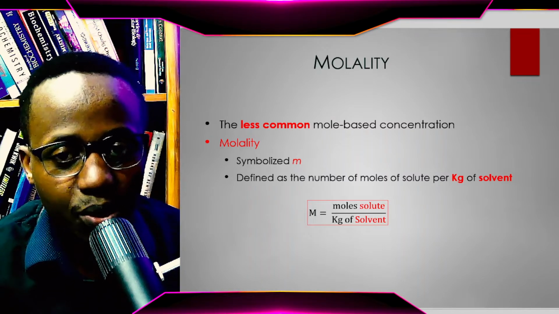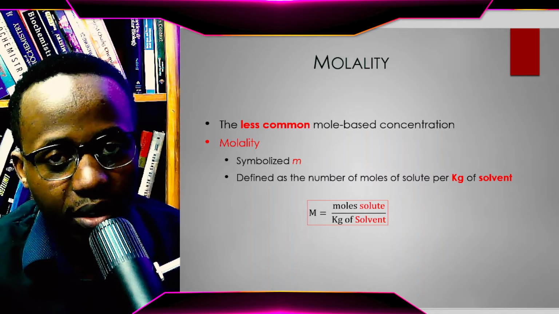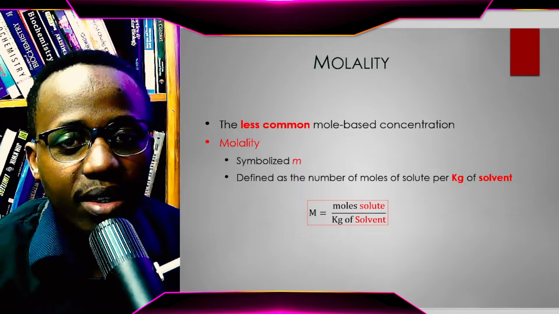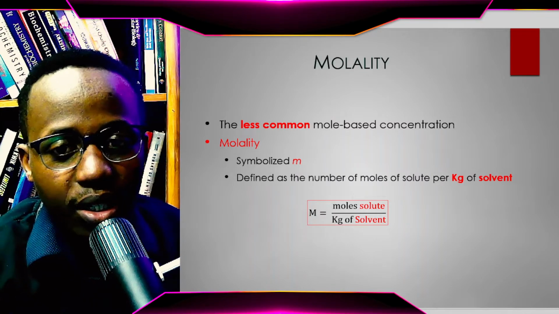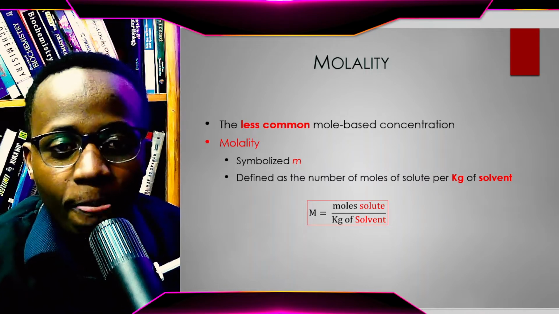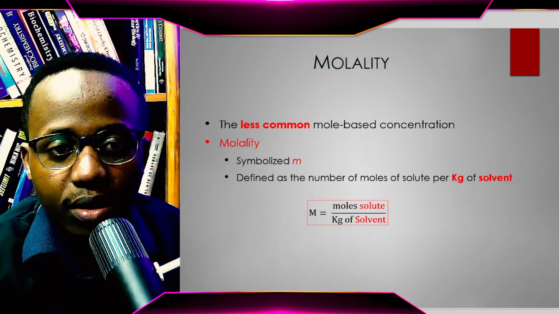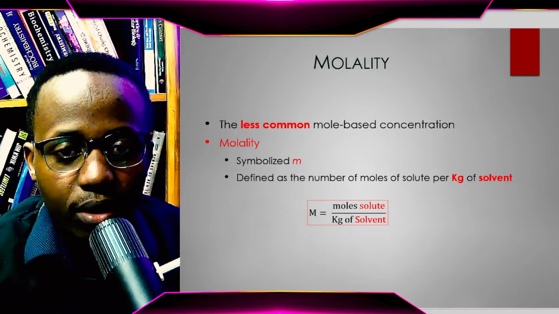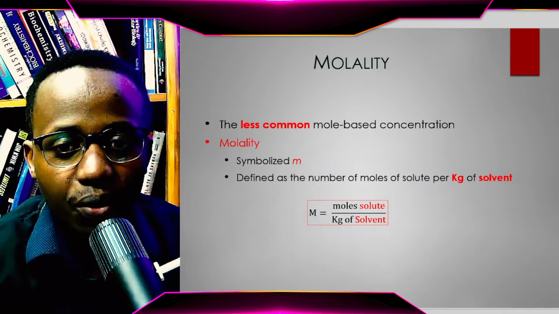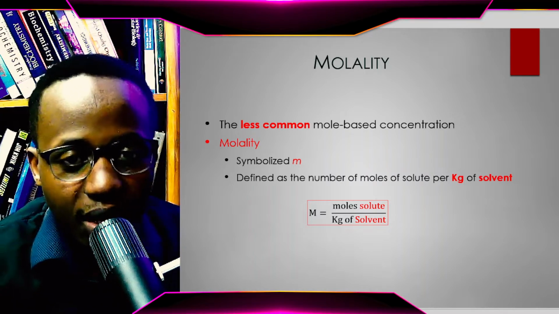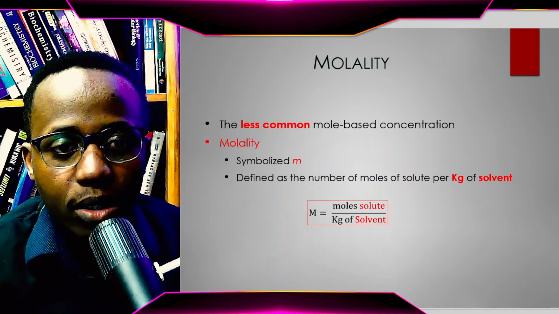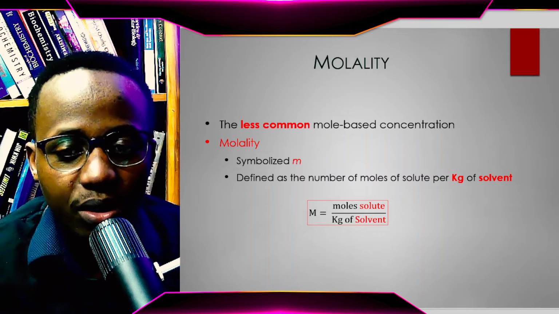And instead of liters, we're using kilograms. You might ask, why do we need this? Well, it's because there are things that we need to measure that don't make sense using liters. We use kilograms. Every one of these concentration measurements was created for a purpose, because the other ones were not good enough to give an accurate measurement.